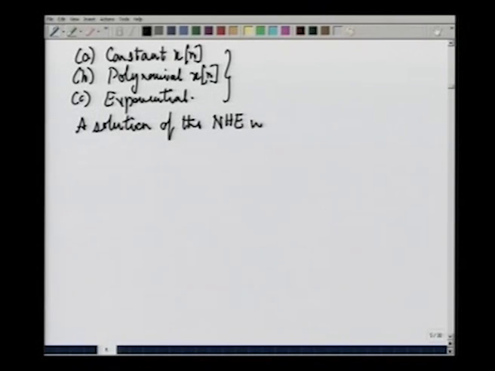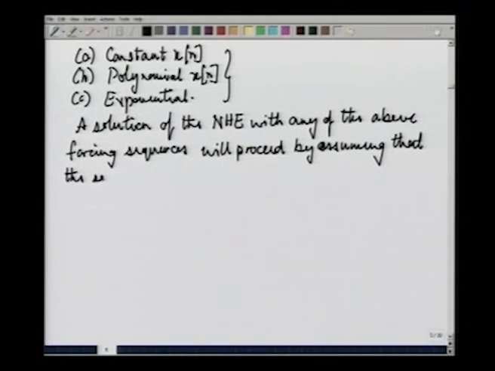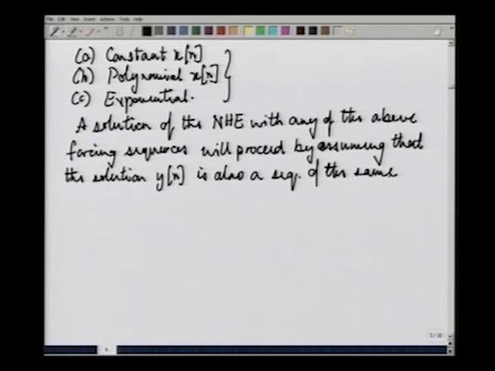A solution of the NHE with any of the above forcing functions, forcing sequences, will proceed by assuming that the solution y n is also a sequence of the same type.